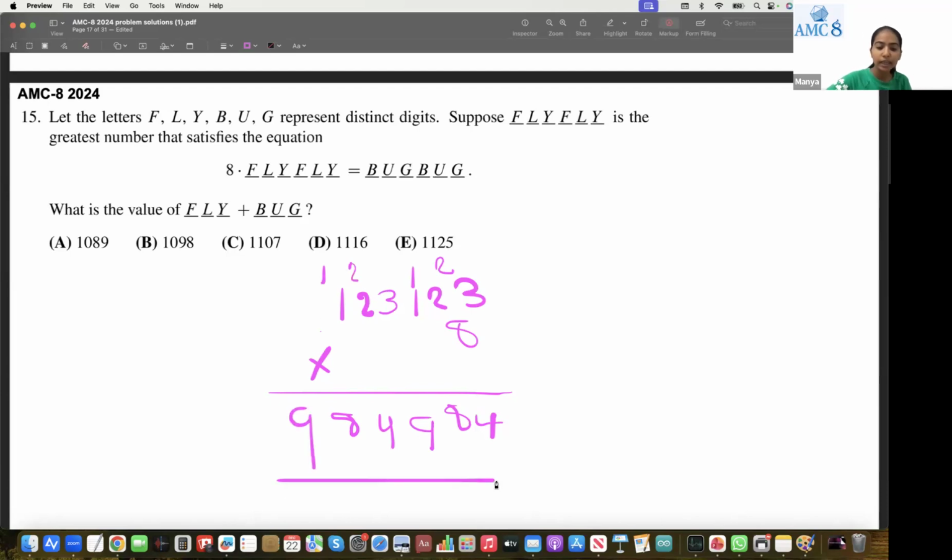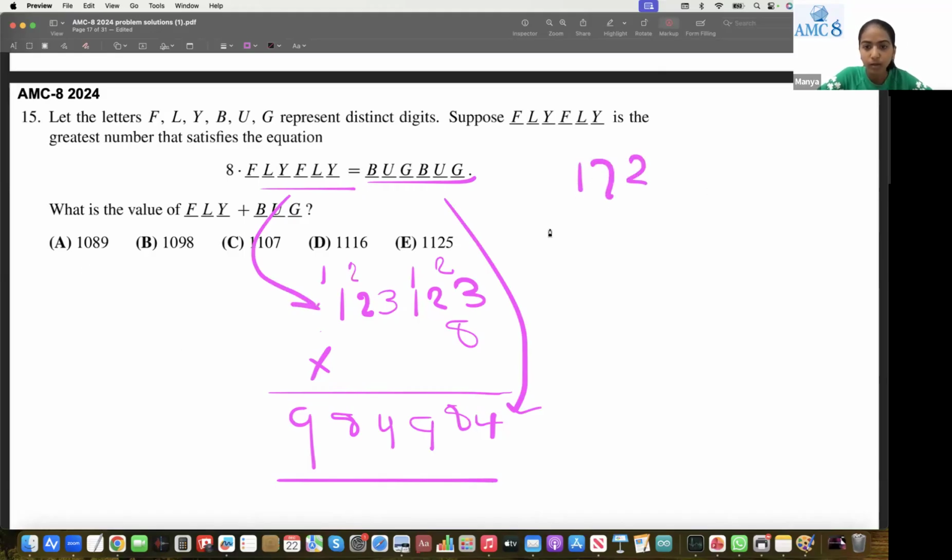And these are all different digits, so BUG works here. And FLY also works here. And so FLY plus BUG, well, we can just add them. 1, 2, 3 plus 9, 8, 4. We'll be getting 1107. And that's how we got to answer choice C.